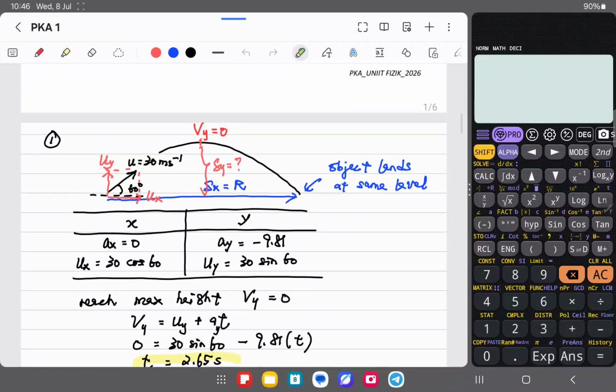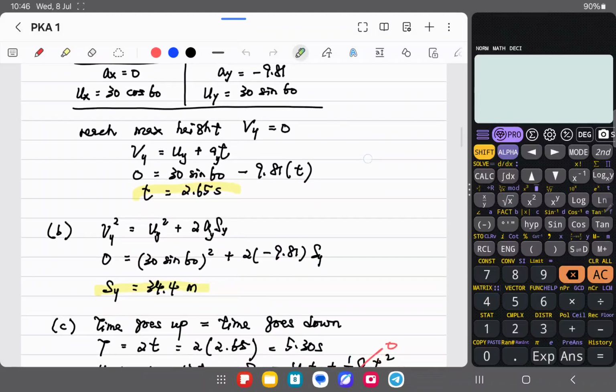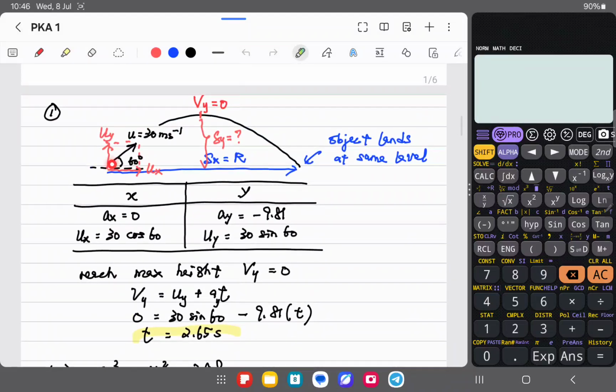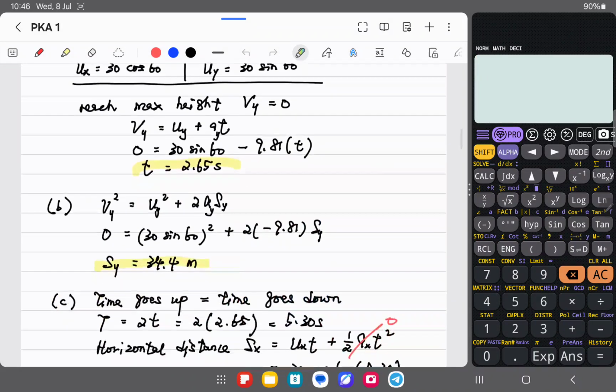Then question C, we want to find the horizontal distance traveled by the object. First we need to calculate the total time of flight for the projectile motion. The time taken for the ball to go up and come down is the same.